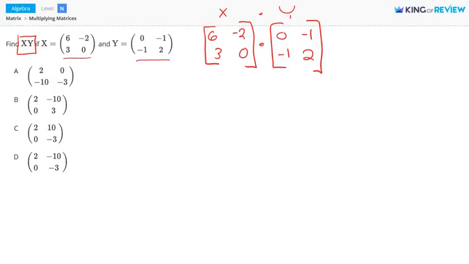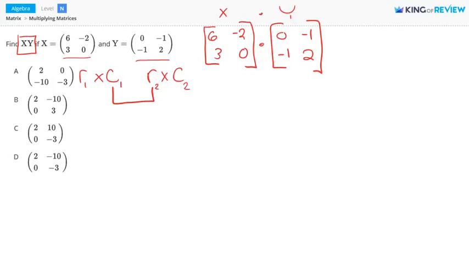So what this means is if we have the dimensions of the first matrix, row by column, for matrix 1, and we're comparing this to the dimensions of the second matrix, row by column for the second matrix, the only way that you can multiply the two matrices together is if the column and row here are equal. So the number of columns in matrix 1 is equal to the number of rows in matrix 2.